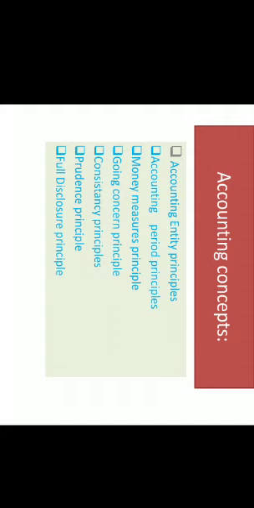The next one is the going concern principle. It is also known as the continuity assumption. According to this principle, the enterprise is normally viewed as a going concern, that is, a concern that will continue to operate for a long period of time. So here the assets are classified as current assets and fixed assets.